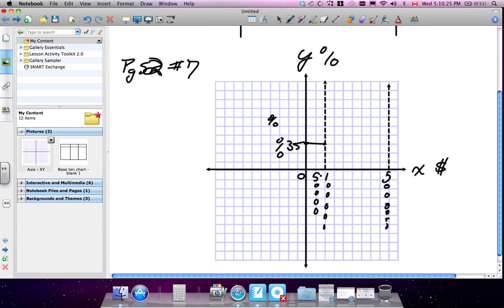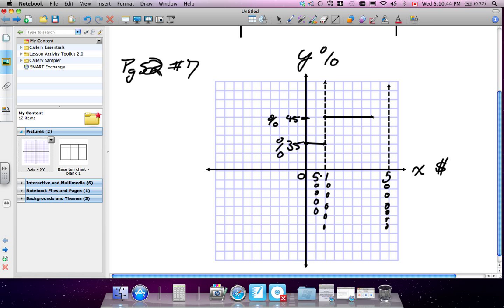So if I made 100,000 one year, I'd pay 35%. If the next year I made $100,001, I would be taxed 45%, right up to 500,000.